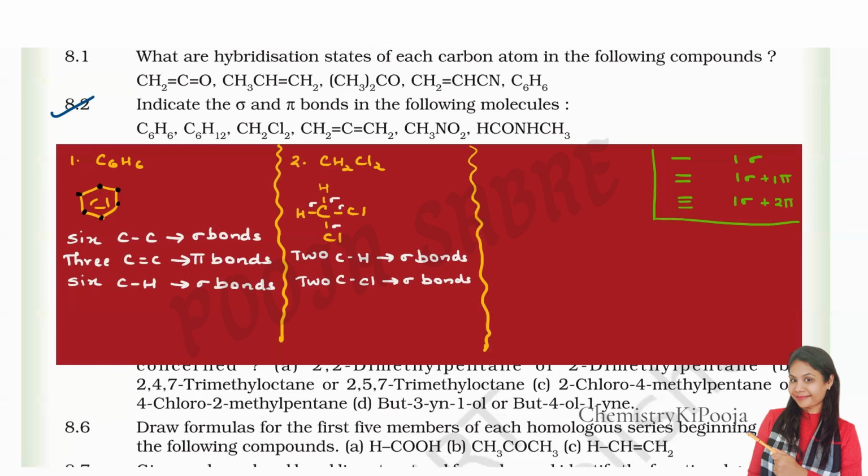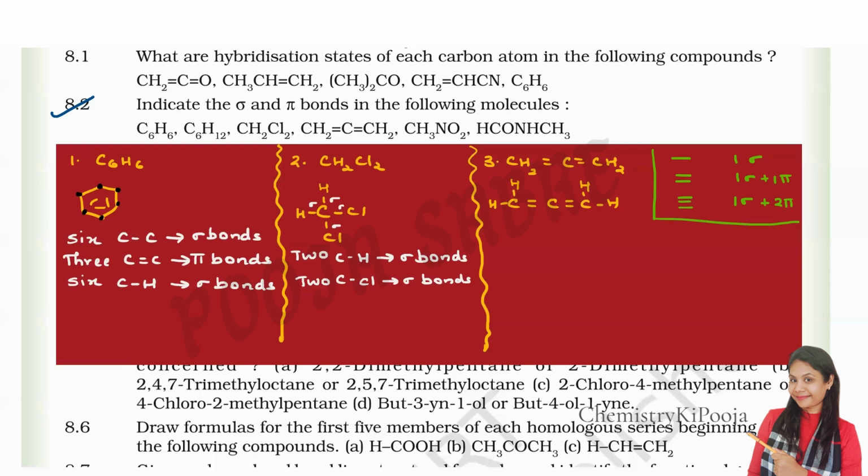The next one is the third one, CH2=C=CH2. Now again, if I expand this structure, I can write it down as H, H on a carbon, then double bond C, double bond, and then H and H. So let us quickly write down the answer. Again, the same thing.